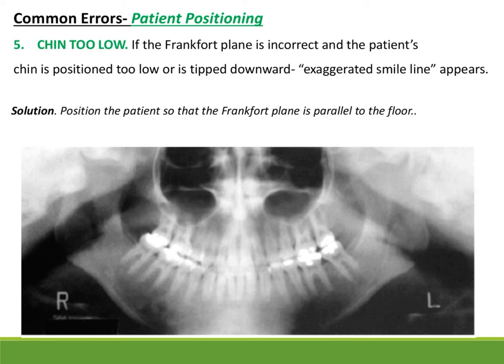If the head is high, the chin is going to get stretched, and with that the teeth are also going to get stretched, and you get a reverse smile line. If the head is too far down, then you are going to get the chin cut with an exaggerated smile line. If you see this error, you have to reposition the patient with the correct position of the Frankfort's horizontal plane.